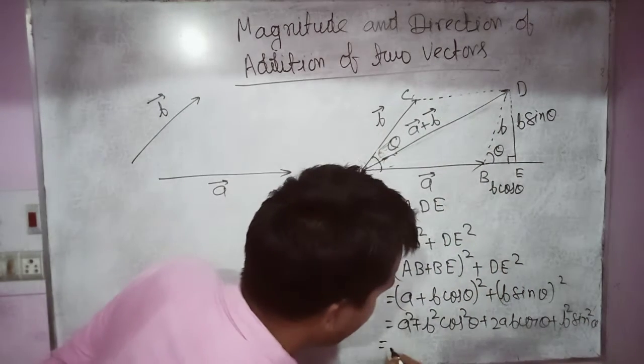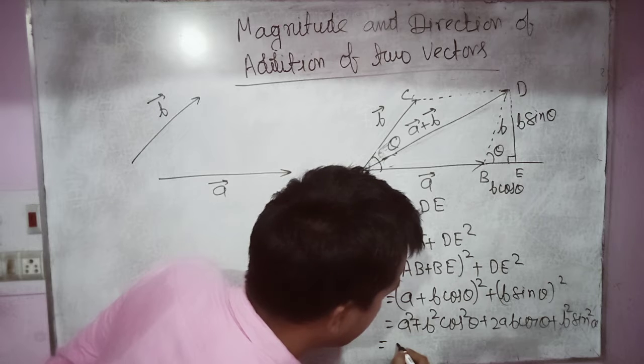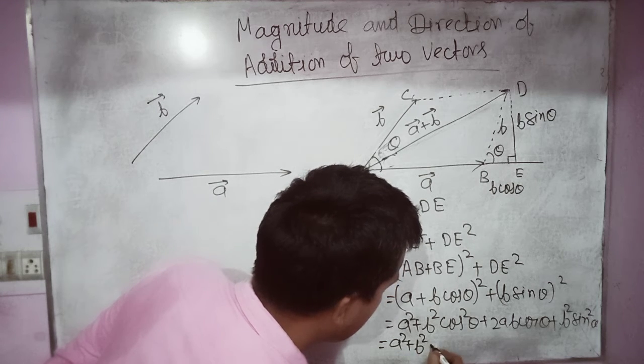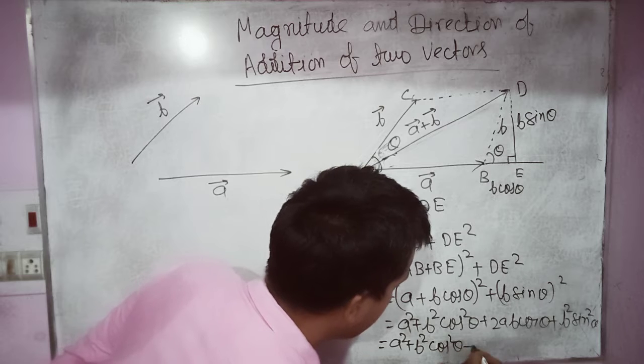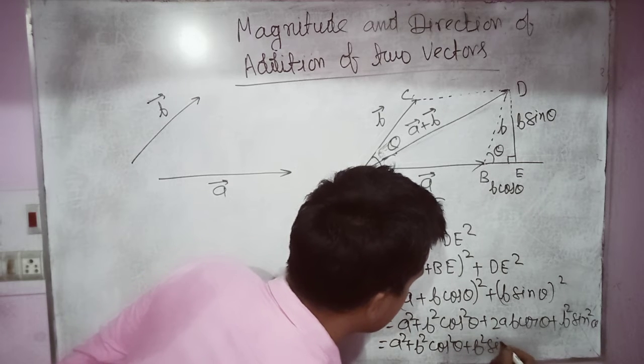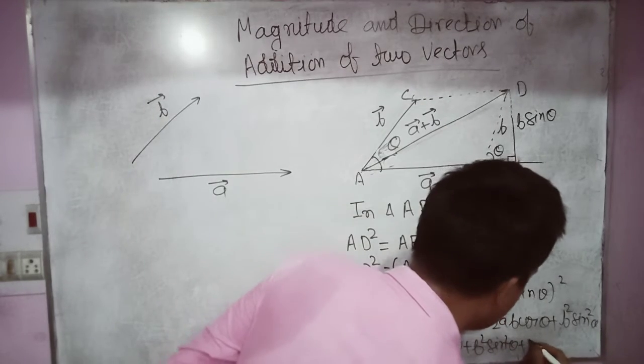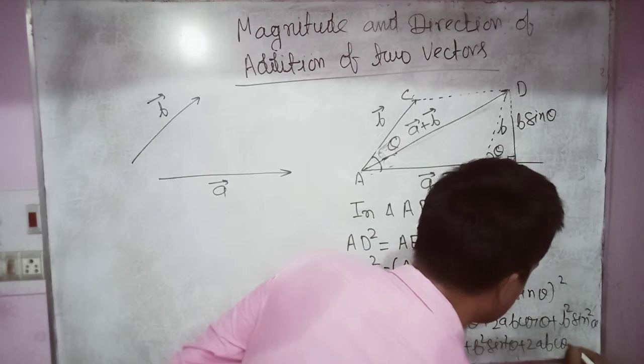See, here we can write A square plus B square cos square theta plus B square sin square theta plus 2AB cos theta.